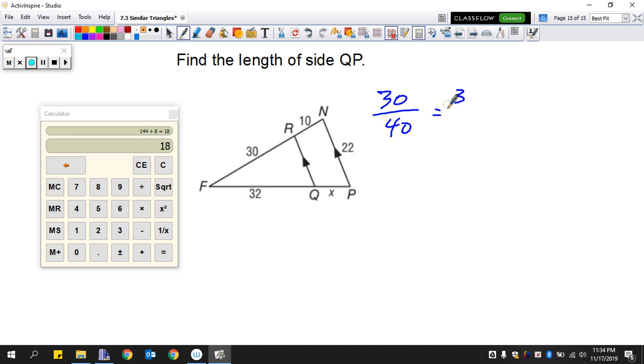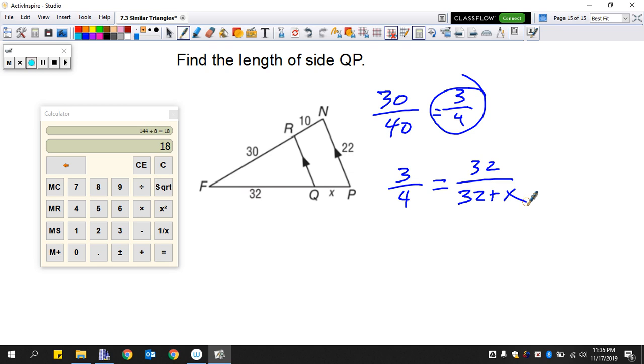Just so we don't have such a big number, we're going to say 3/4. That ratio is equal to the length of the short side, 32, over the length of the long side, 32 plus x.